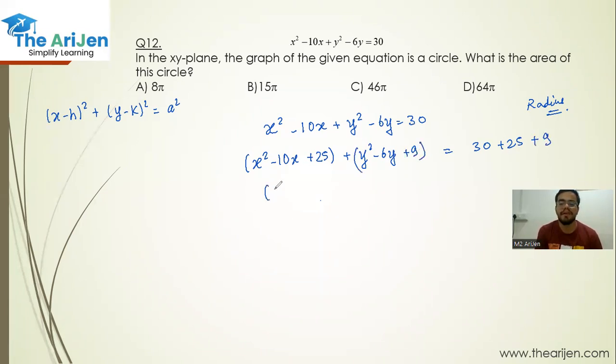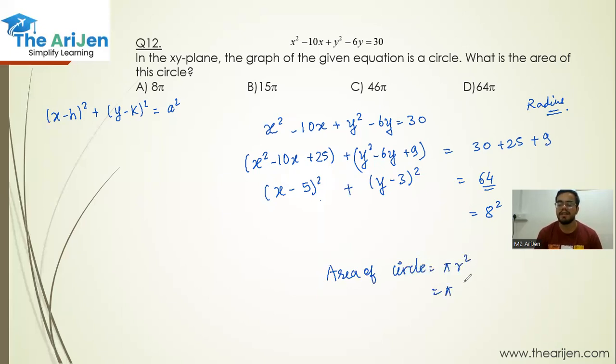So here we have x minus 5 the whole square plus y minus 3 the whole square, which is 64. And 64 is nothing but 8 square, so the radius is 8. The area of a circle is pi into radius square, so pi into 8 square, that is 64 pi. 64 pi, that's the correct choice.